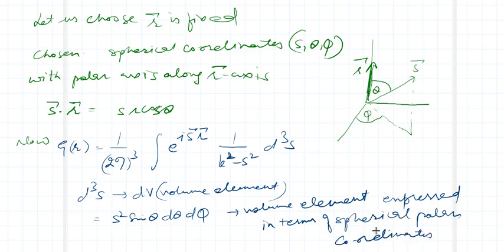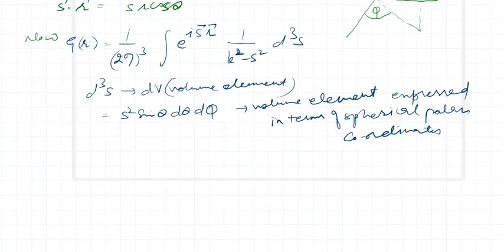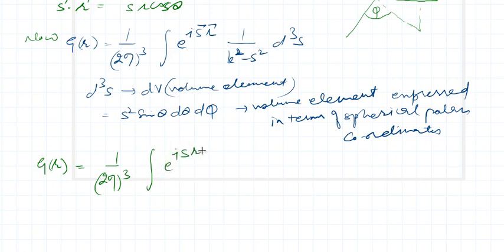Therefore, if we use this here, then G(r) is equal to 1 over (2 pi) cubed integral of e raised to power iota s r cos theta over k square minus s square, s square sine theta ds d theta d phi.